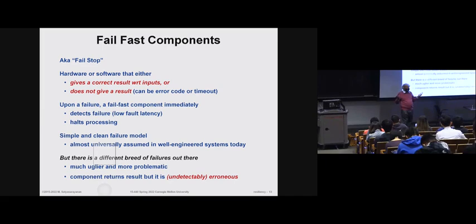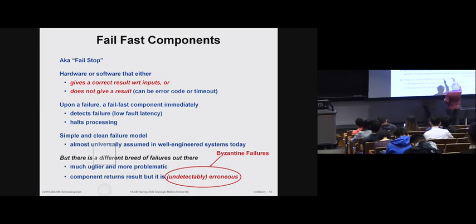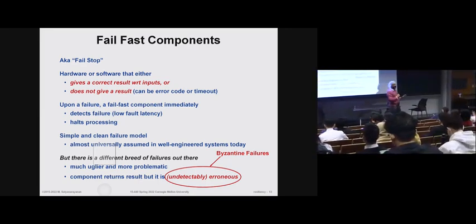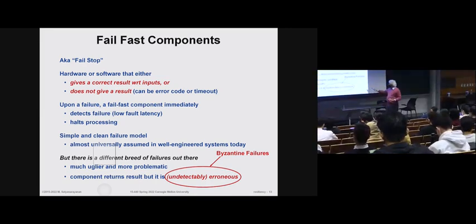How are you going to write code that deals with this? Okay? This class of failures is referred to as Byzantine failures. It is the opposite of fail fast. So components that are not fail fast are said to be capable of exhibiting Byzantine failures.